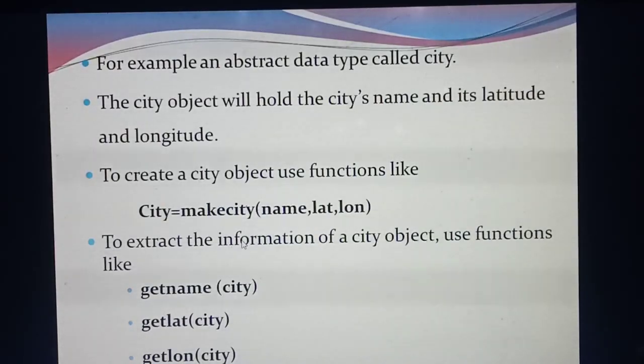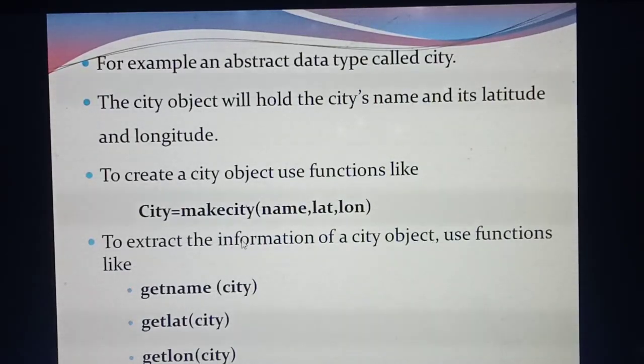So this constructor will create an object called city. What's the meaning of city equal to make city of? Make city of is a function.